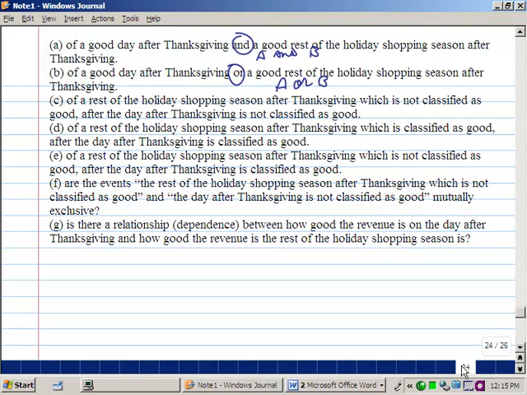Part C: the rest of the holiday shopping season after Thanksgiving was not classified as good. B bar, not good, given that the day after Thanksgiving is not classified as good. So we're looking for B bar given A bar.